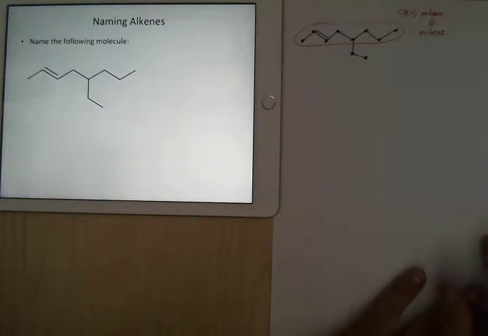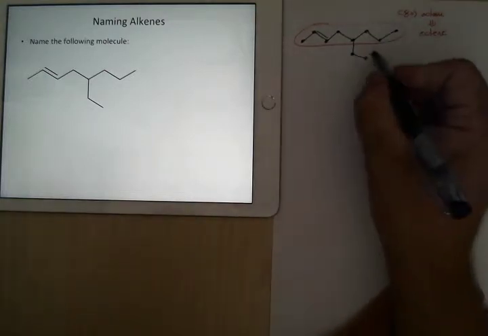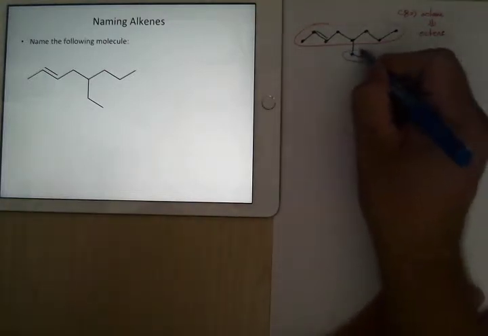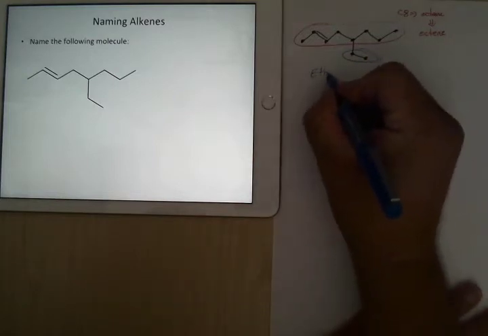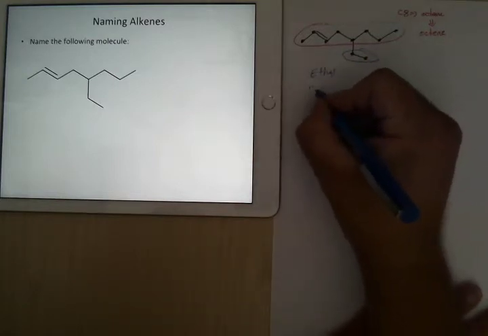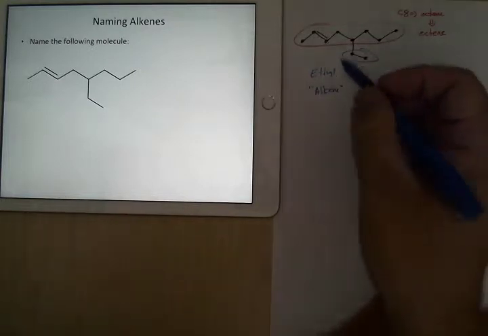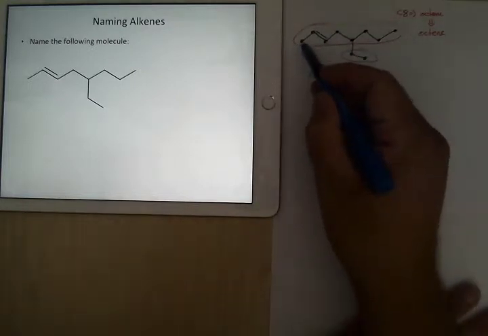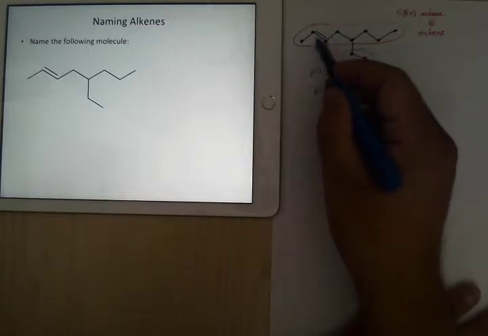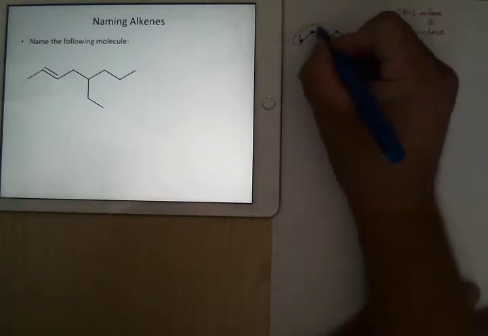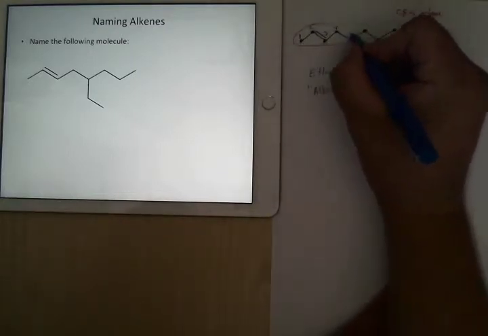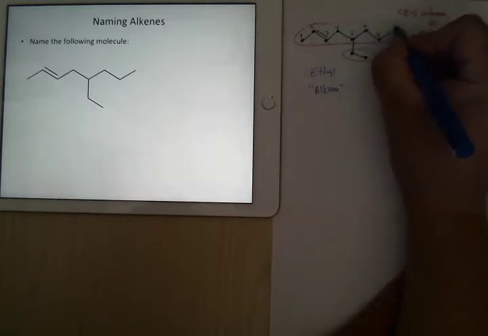Okay. And so the side chain here, doing this in blue, we have an ethyl, but we need to know where that double bond starts, so we'll do the alkene. This side ends up being the side closest to where that double bond starts, so it ends up being 1, 2, 3, 4, 5, 6, 7, 8.